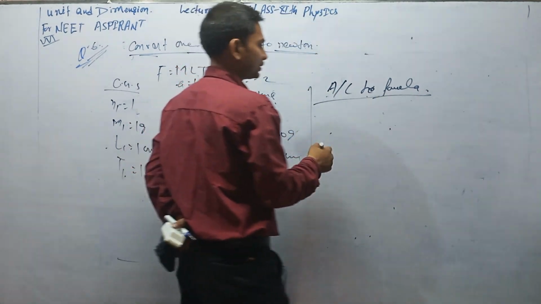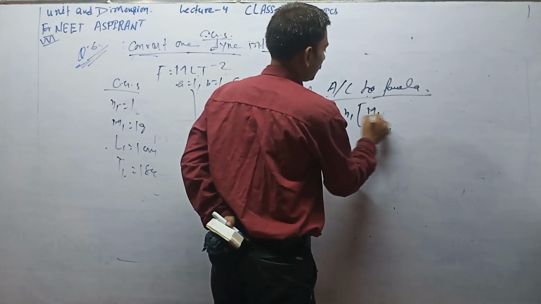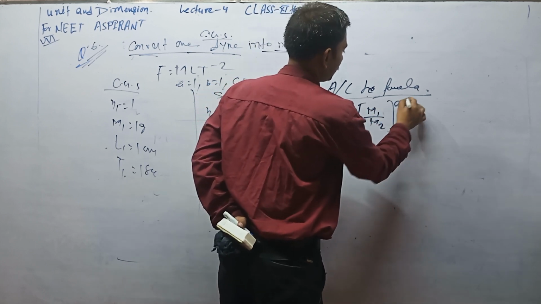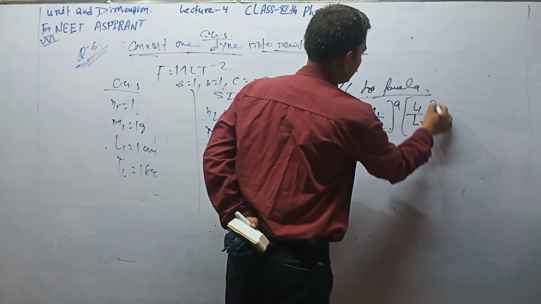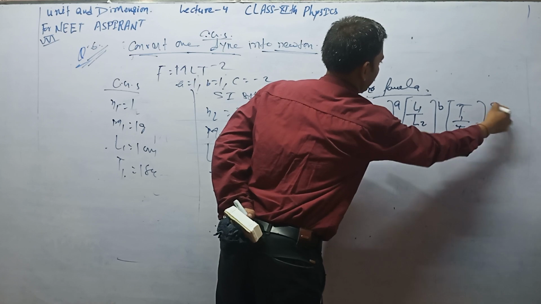from one system to another system, n2 equals n1 times M1 upon M2 to the power a, L1 upon L2 to the power b, T1 upon T2 to the power c.